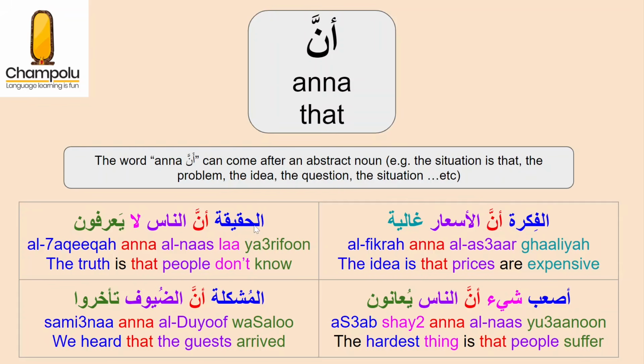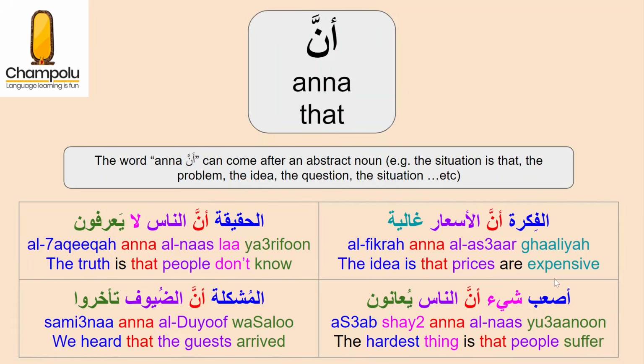And then we have something like الحقيقة أن الناس لا يعرفون. The truth is that people don't know. And here we're starting the sentence with the word the truth, which is like a concept or an abstract noun, and it is followed by أن, and then the sentence.